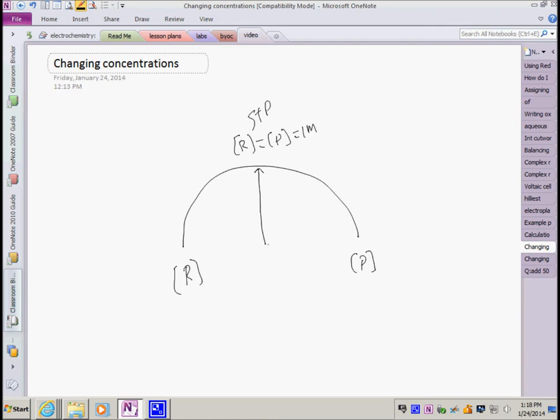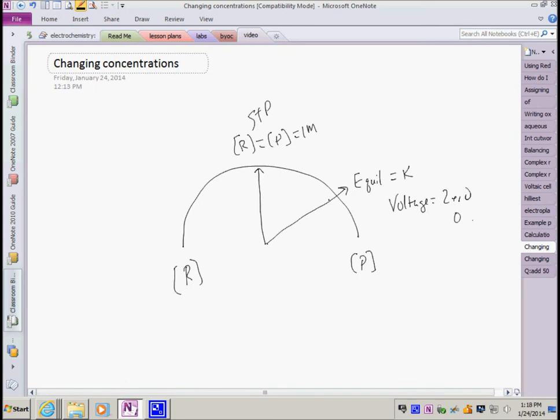Let's just say hypothetically your end point or equilibrium point is right here. At this point, you're at K. As your battery runs down, it runs to this point. At this point, your voltage equals 0. Nothing's happening anymore.